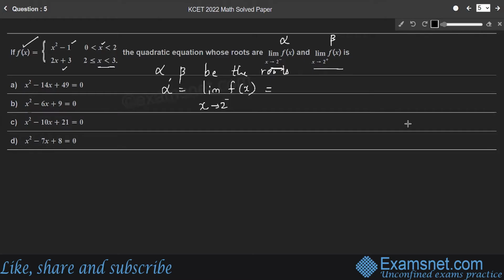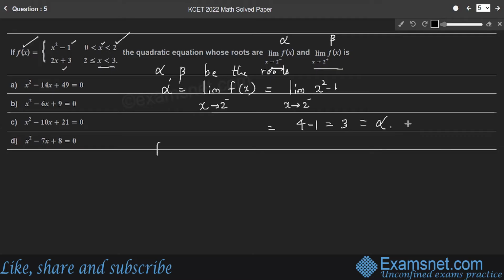So 2 from below means we have to consider the first equation, x square minus 1, right? So we'll consider limit of x square minus 1 as x approaches 2 from below, right? So here substitute the value of x, that means x square is 2 square, it becomes 4 minus 1, which is 3. So alpha is equal to 3.